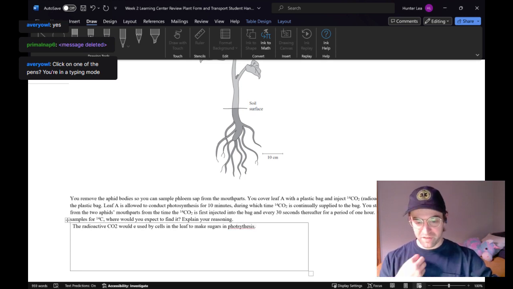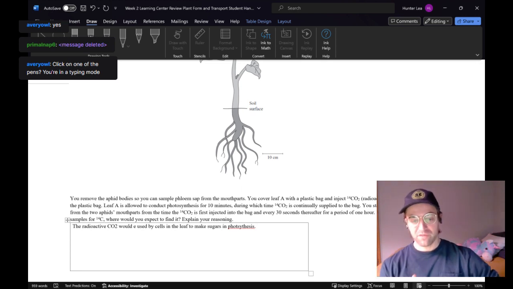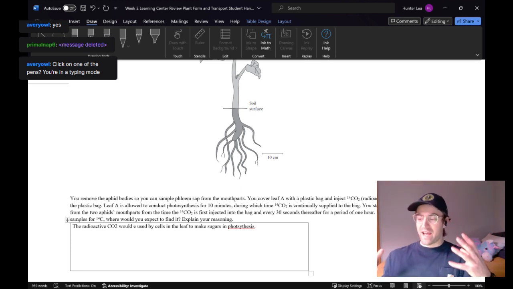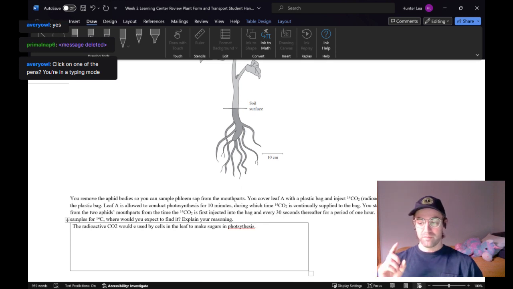So where would we expect to find these? These sugars would be loaded into the phloem. Because flow of sugars in phloem is from the source, an area of higher concentration, to sinks, carbon sinks, that is areas of lower concentration, you would expect to find some carbon-14 in the phloem samples sampled from the aphid mouthparts below the leaf.